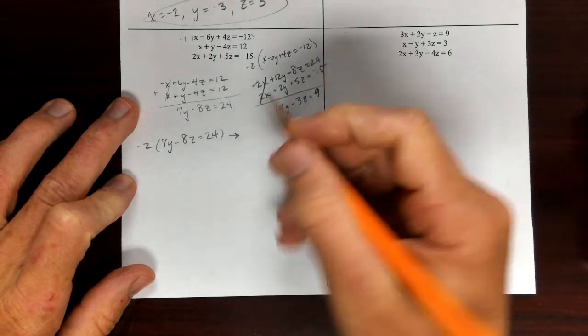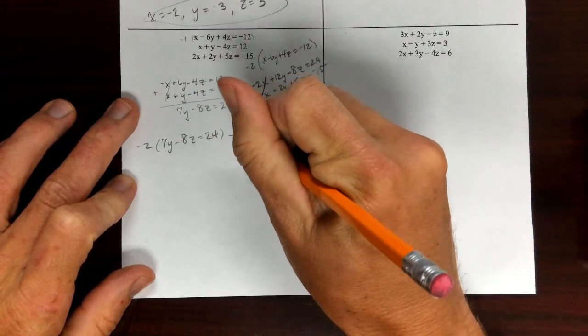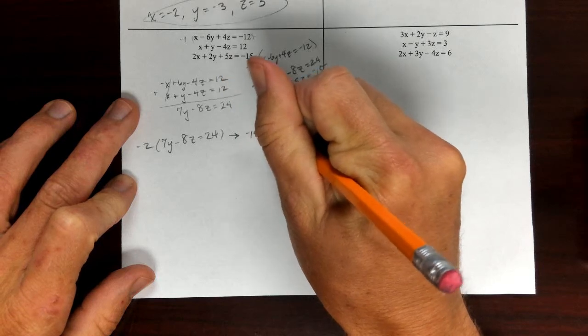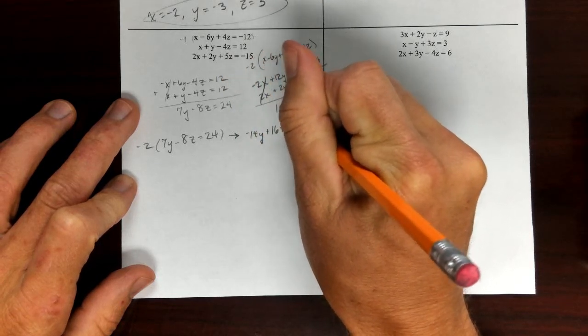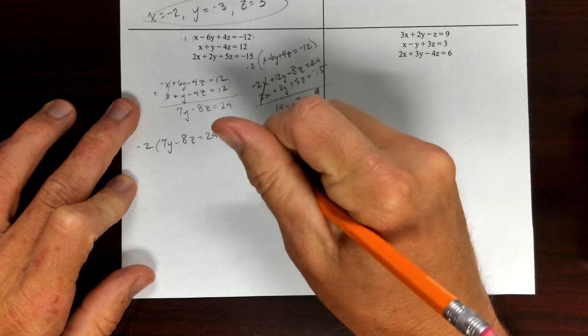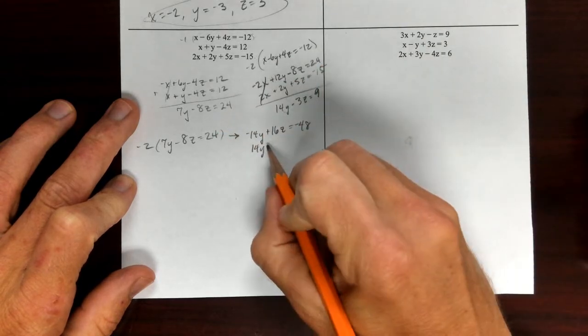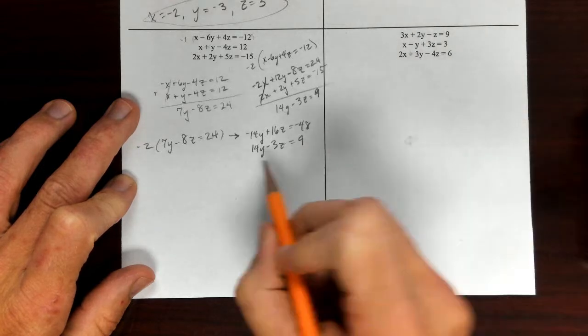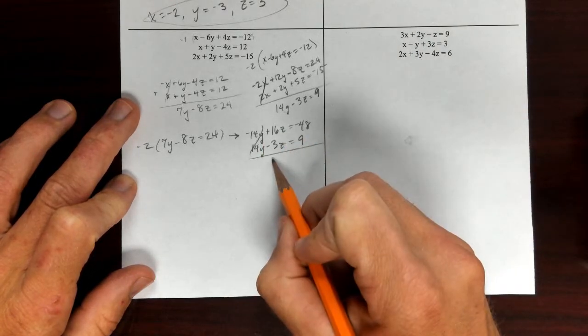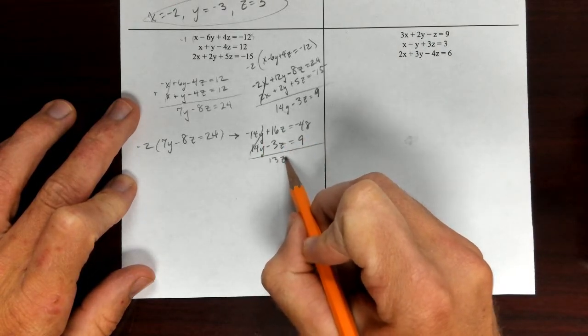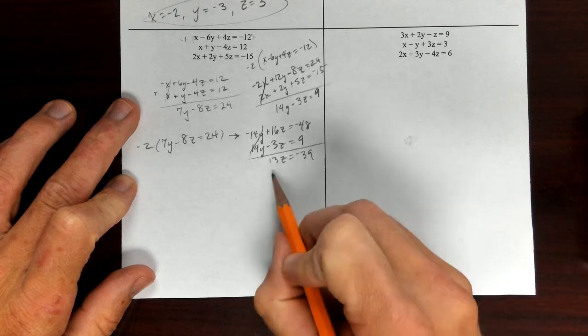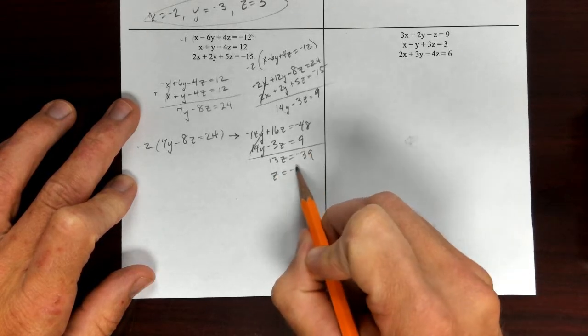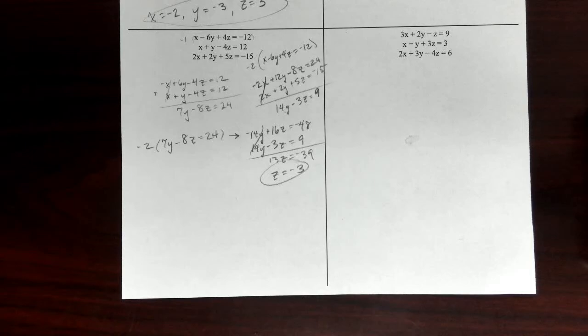So that becomes -14y plus 16z equals -48. I'm going to add that to positive 14y minus 3z equals 9. Add these two, those are eliminated. 13z equals -39. So then z equals -3.